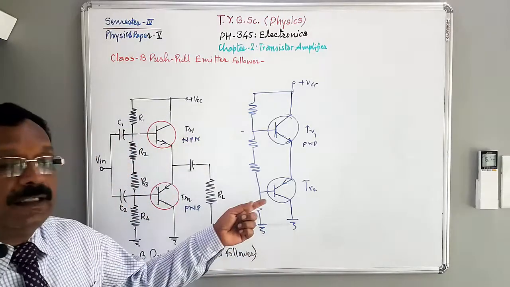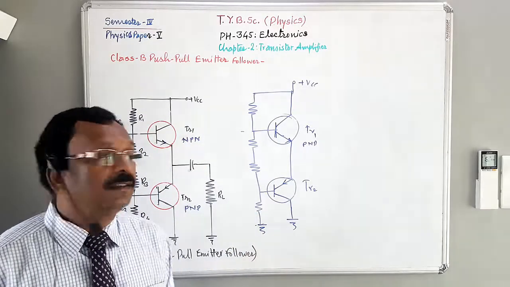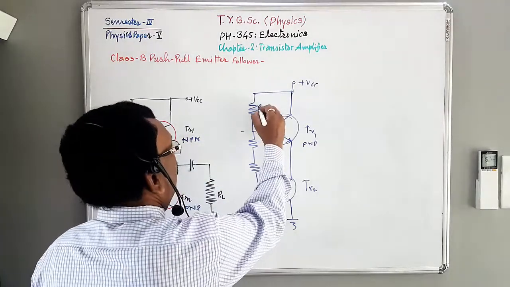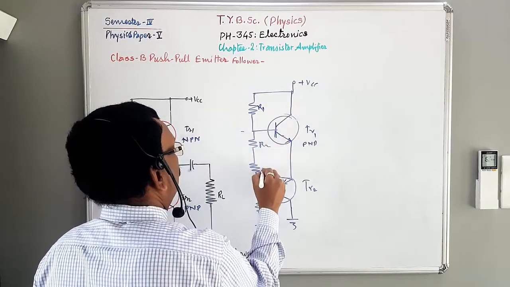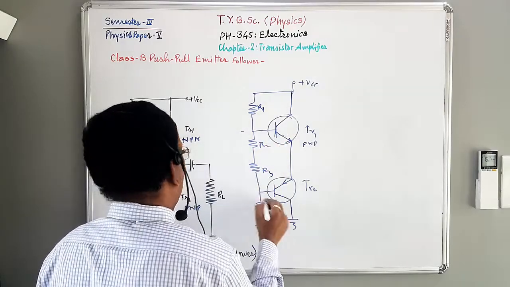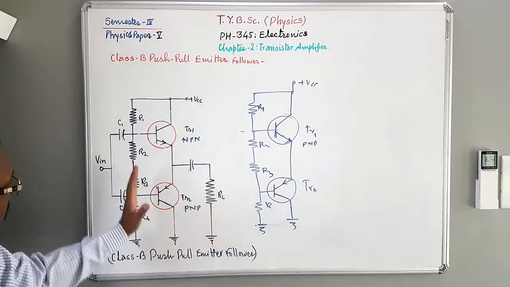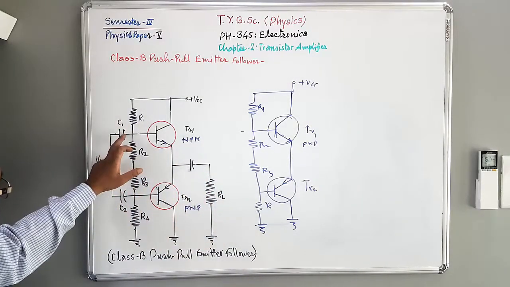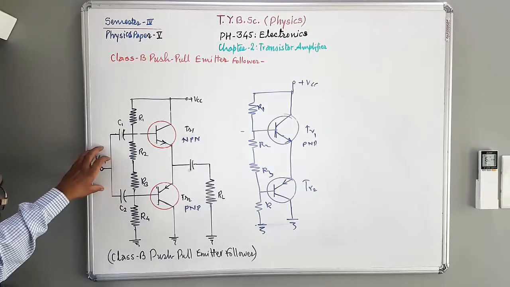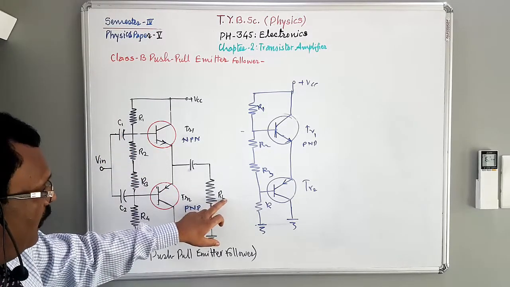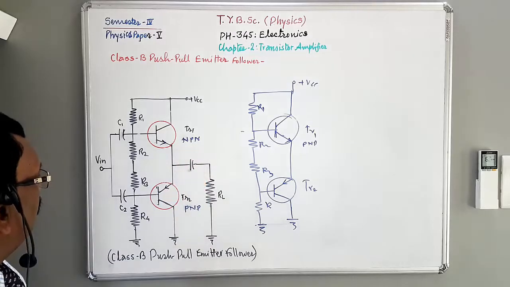Here the circuit is unbiased, the same circuit is there, only we remove this part and this part, that is capacitors C1, C2 and Vin, and the resistor RL and capacitor C3.